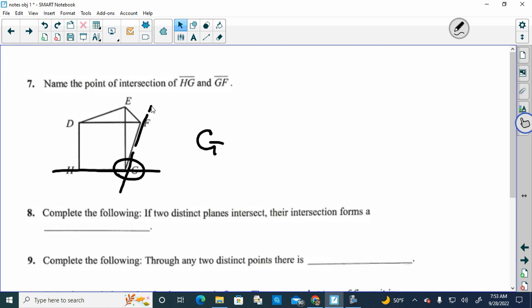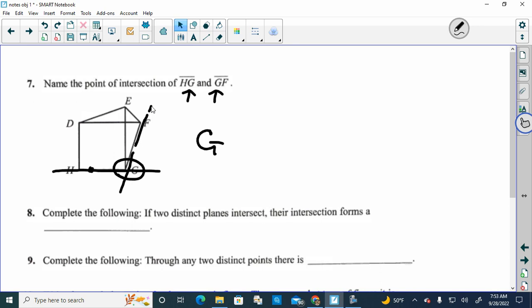It won't always be this way because you could have multiple points on a line, but most of the time that's where they're going to cross, because they share that point in common.